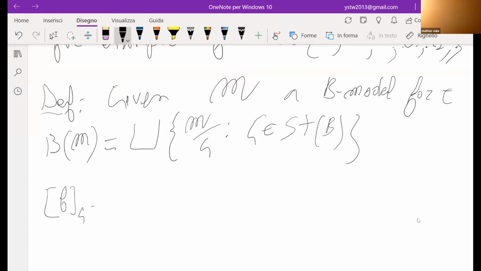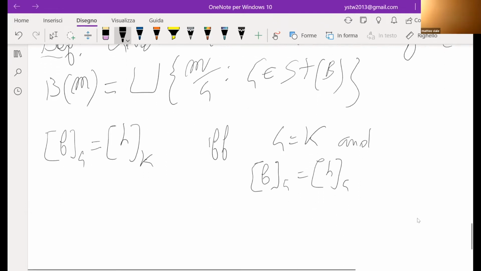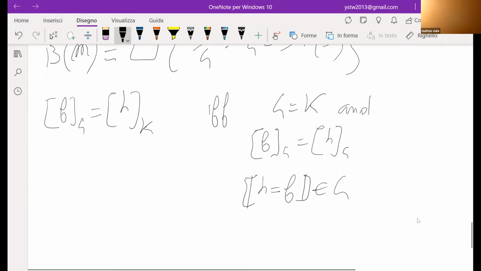Okay, so this is the bundle, and I have to say when I identify points, so what I say is that F_G is the same as H_K if and only if G equals K and F_G equals H_G, which amounts to say that, by definition, H equals F is in G. Okay.